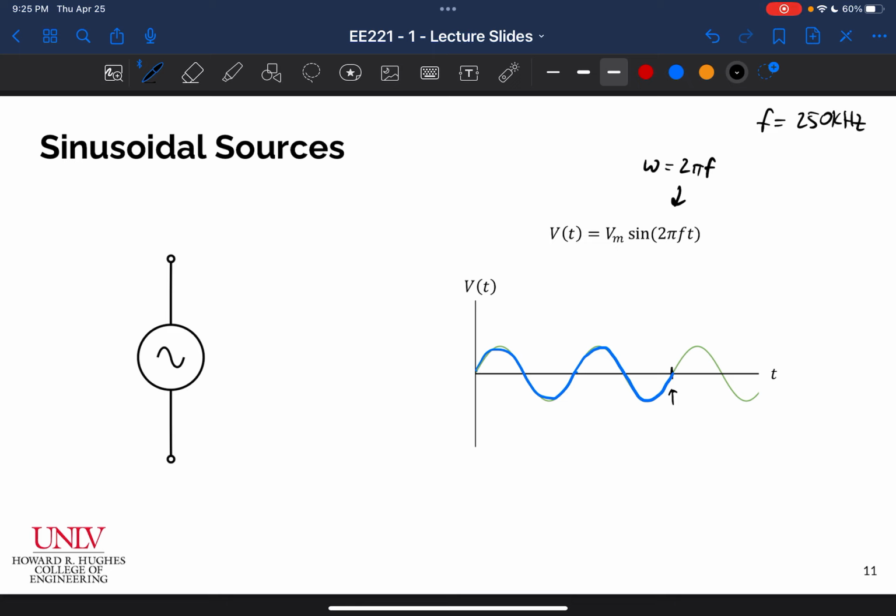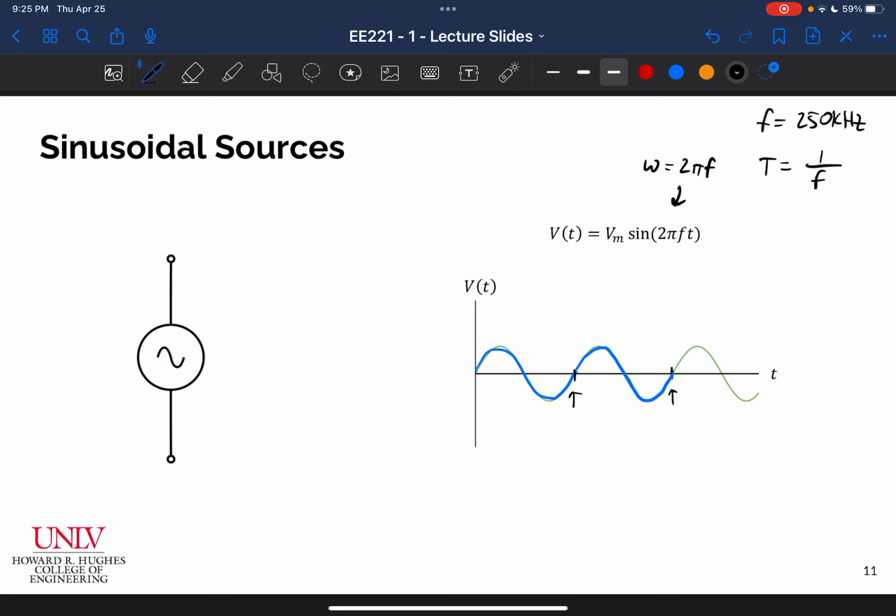So I want to know how long it takes for 2 cycles to occur. Well, I know how long it takes for 1 cycle to occur because my period is equal to 1 over my frequency. So I can find this t value right here and then just multiply it by 2.